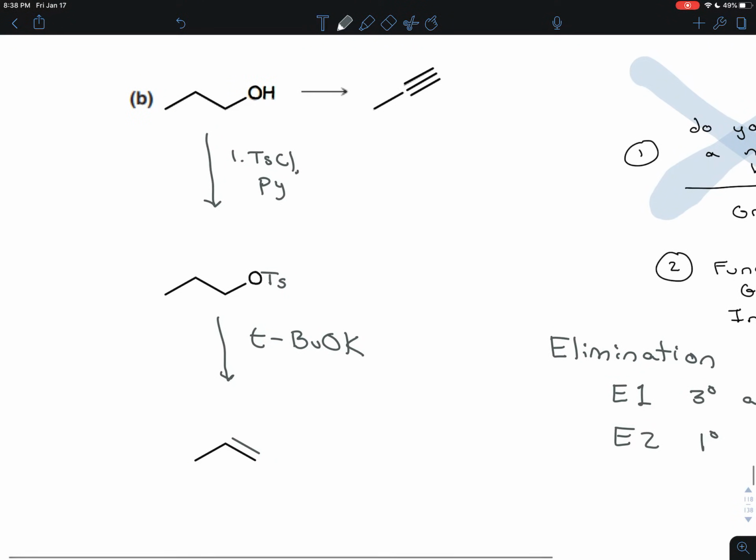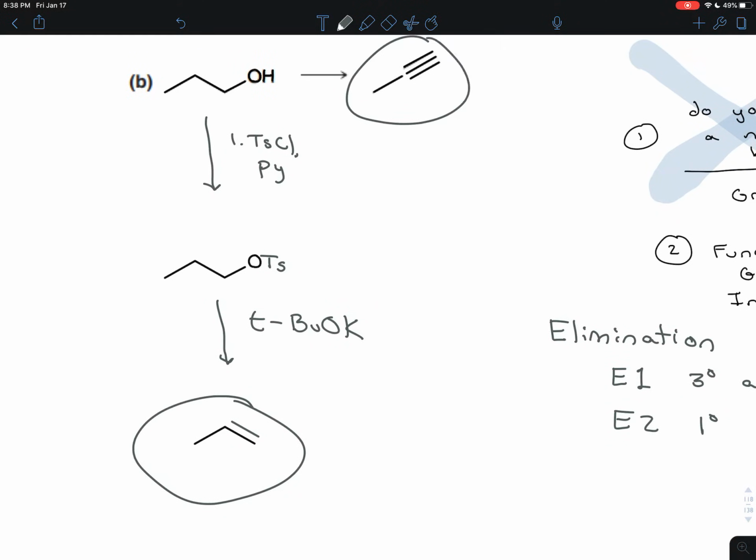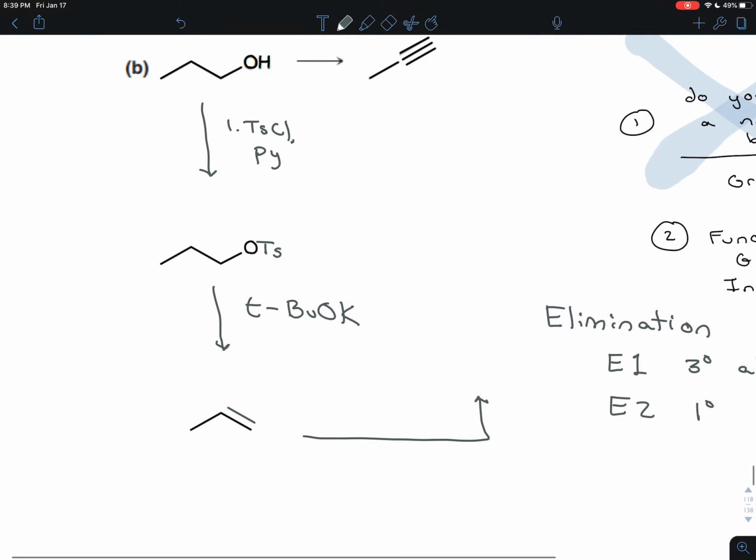So anytime you form a pi bond, you have to do an elimination. Now what we have is one pi bond, what we want is 2 pi bonds, so we need to do an elimination. But this doesn't have anything to eliminate. So we have to add leaving groups. And the classic leaving groups are halogens. Now if we add something on here, we're going to get rid of a pi bond. So we're only going to have single bonds.